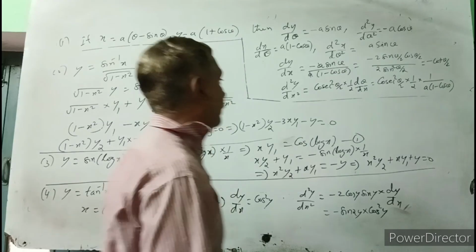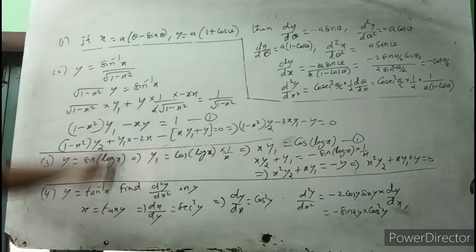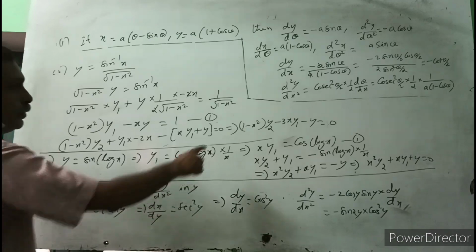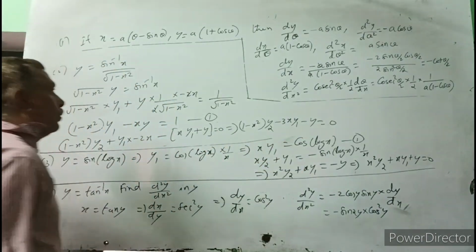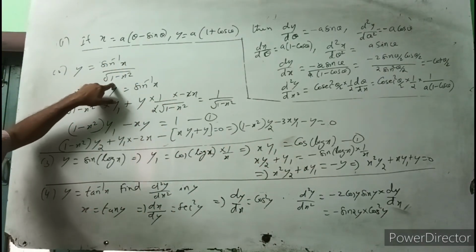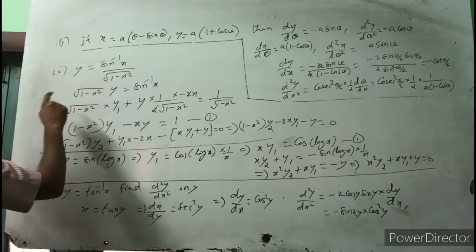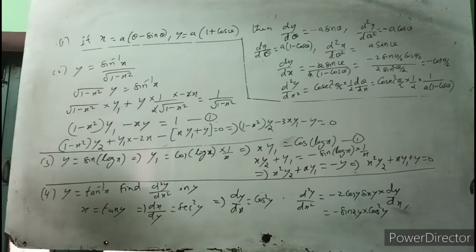Next question: y is equal to sin inverse x upon root of 1 minus x square. Now we need to show this result. If you apply the quotient rule directly, it is complicated. So to avoid the quotient rule, first I cross multiply and apply the product rule. Product rule is simpler than the quotient rule.